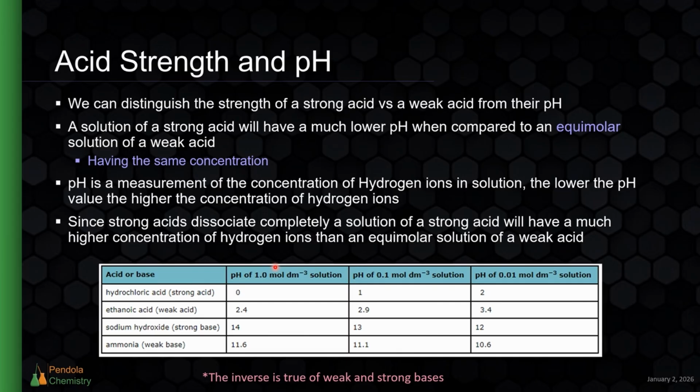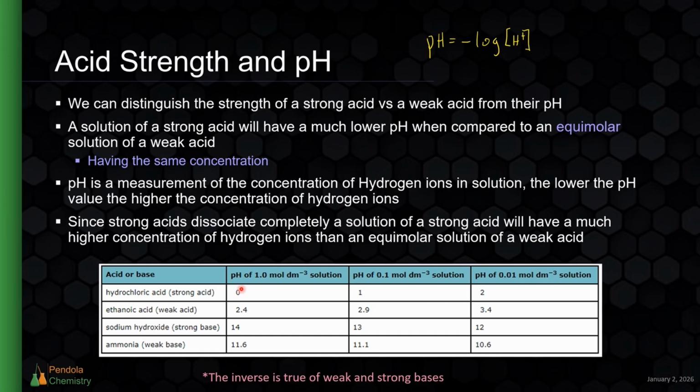Now, because pH is a result of the concentration of hydrogen ions, because remember that pH is equal to negative log of the hydrogen ion concentration, that means concentrations of the solutions do matter.